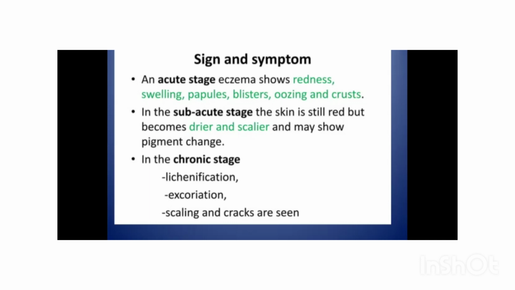Cracks mean the skin will be dry and thick, especially on the heels, where we can see some cracks. The particular area of the skin will be very dry and thickened. These are the signs and symptoms of dermatitis.